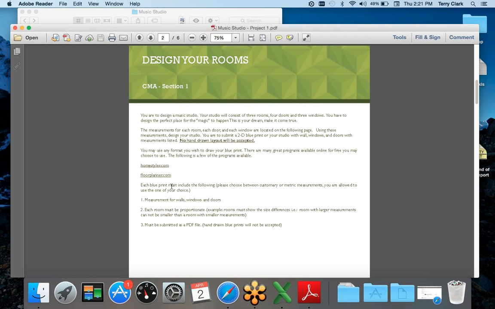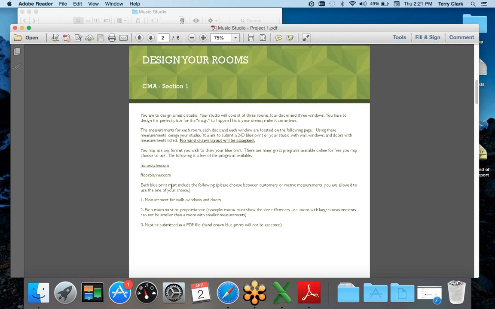Okay, it also tells you that you get to choose between customary or metric measurements. You get to choose one, and it doesn't have to be both, so you don't have to put 2 blueprints in. That's all in the directions. It says that you need to have measurements for your walls, windows, and doors. And then it says that each room must be proportionate and cannot be smaller than a room with smaller measurements.